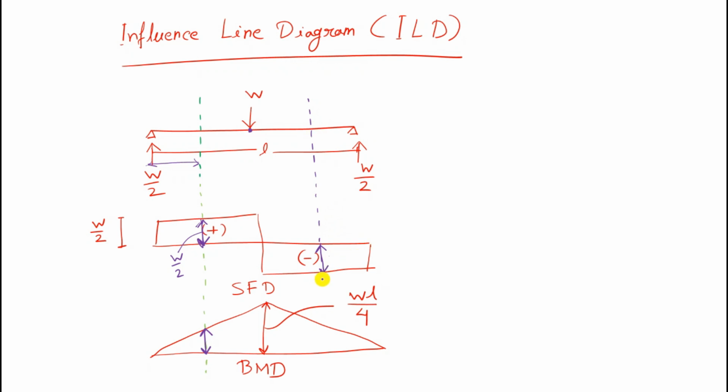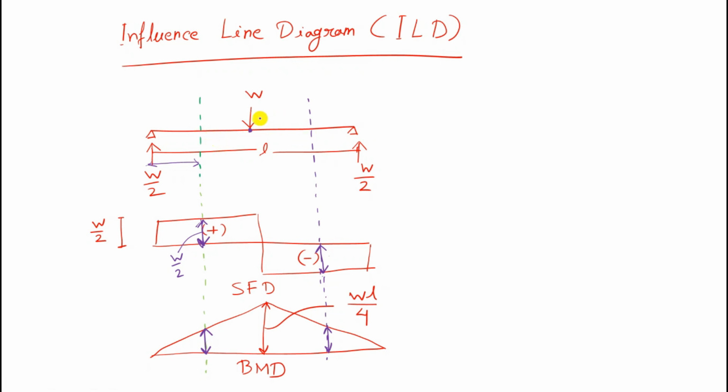If you want to know the bending moment value at this particular section due to the application of W load at this midpoint, you just go through the diagram, and the value of this distance will indicate the bending moment value at this particular section.